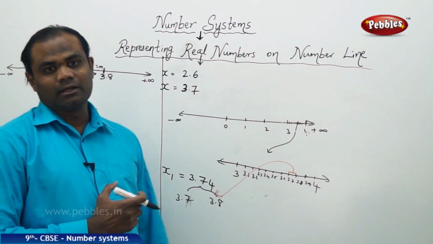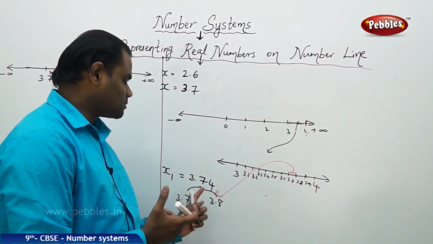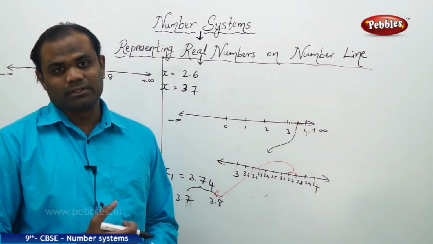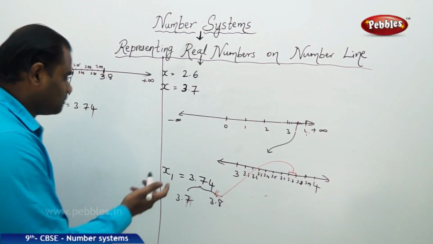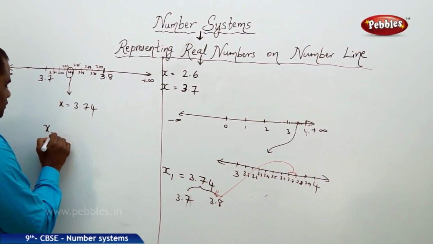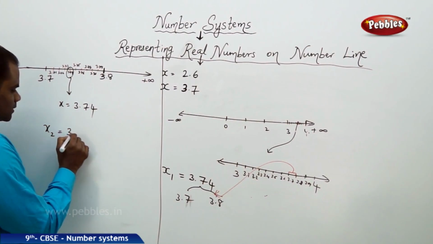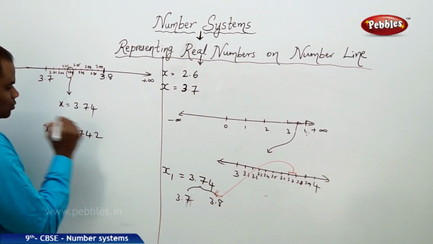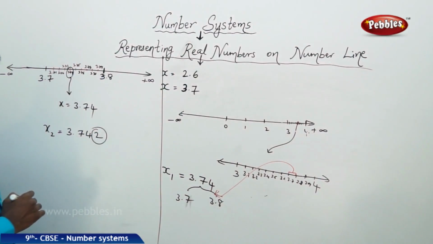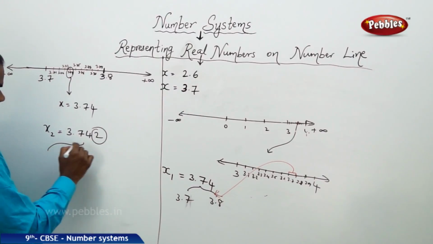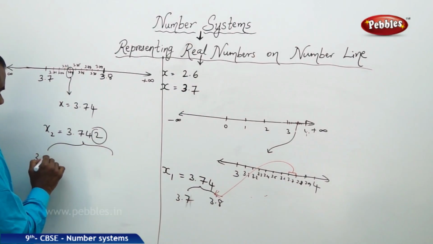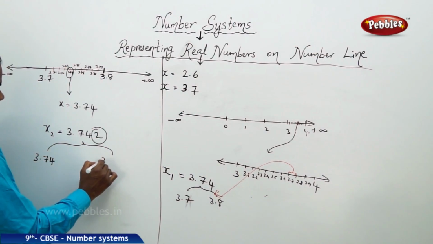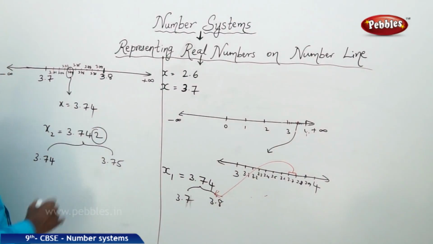This is how we understand the subdividing of intervals through which we can zoom in and zoom out the real number line accordingly as the number of decimals increase or decrease. For example, I continue further with the new number x2, which is 3.742. Then I have my third decimal, which is 2, and I clearly have this number lying between 3.74 and 3.75.